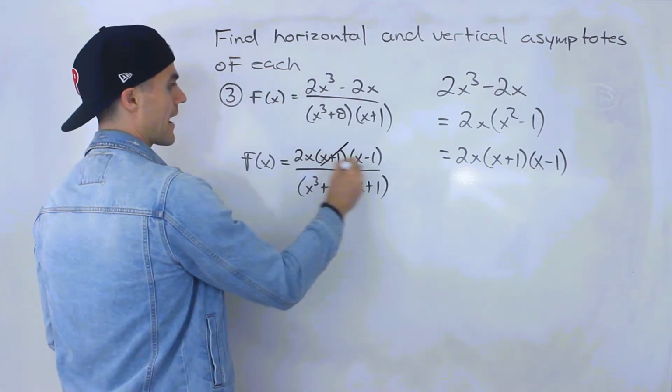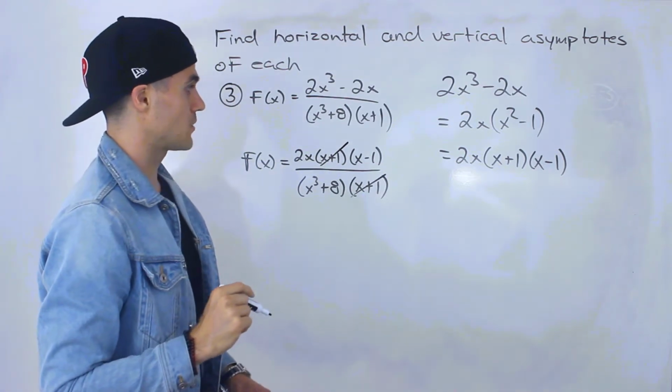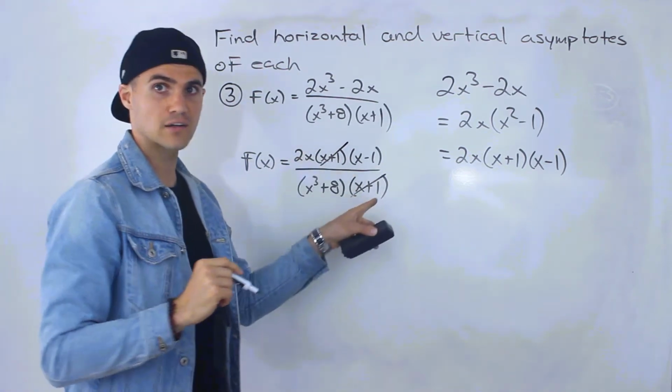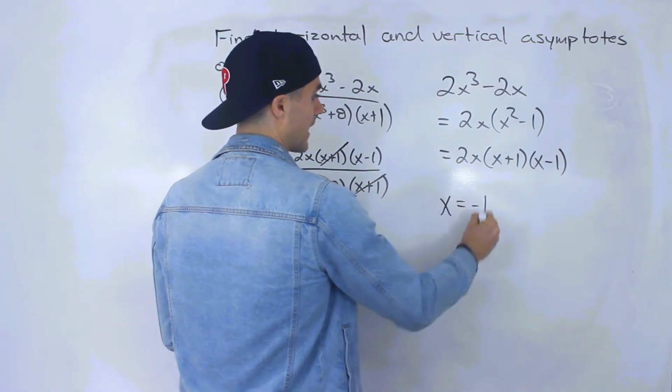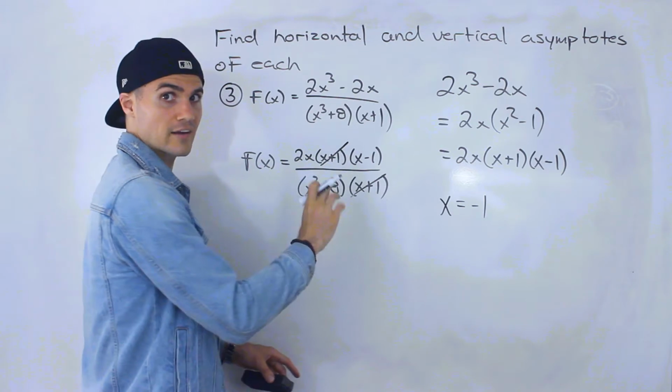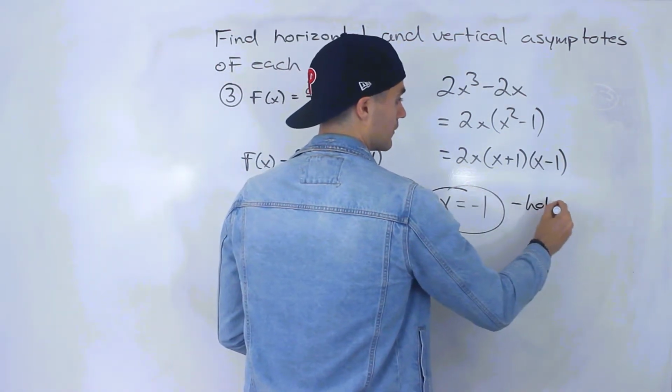And now notice that x plus 1's cancel out. And so what that means is that since that factor cancels out in the numerator and denominator, it means that at that x value of -1, which makes both of those factors equal to 0, there is a hole there.